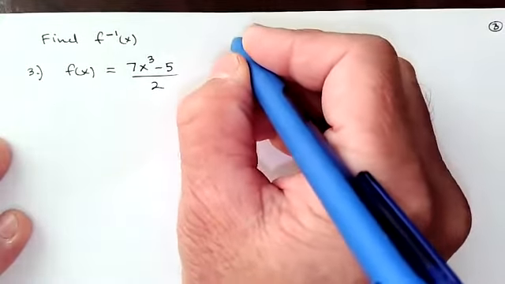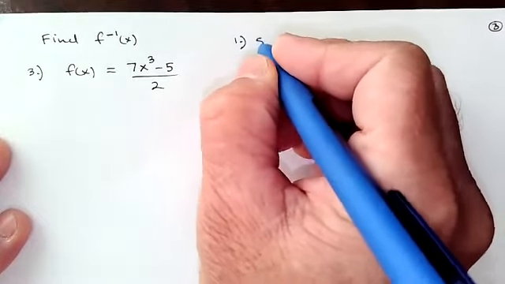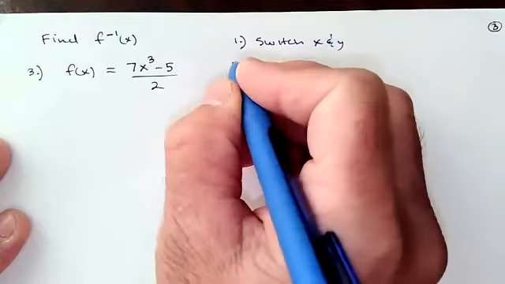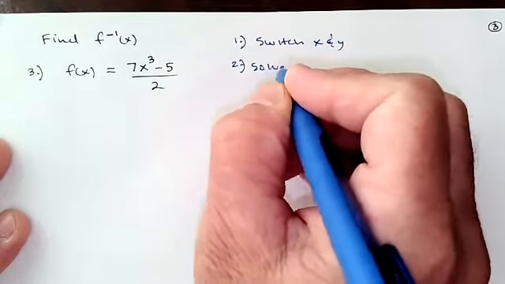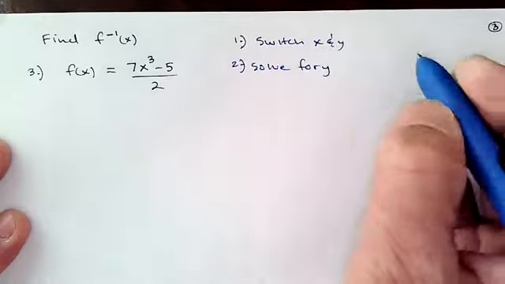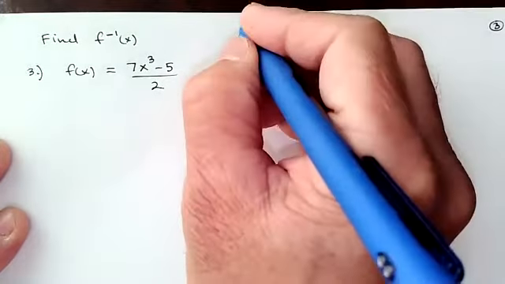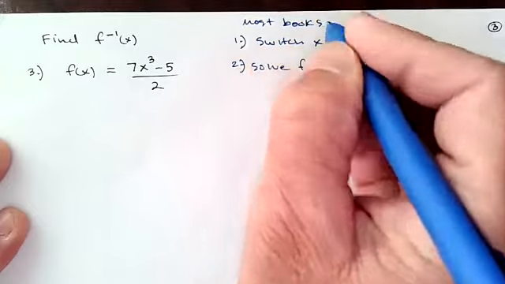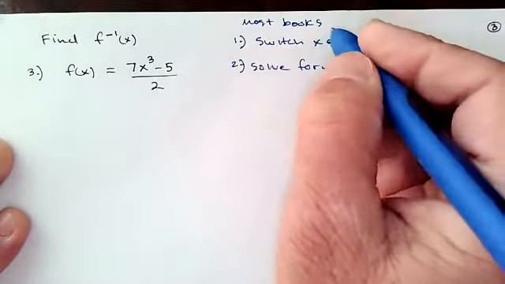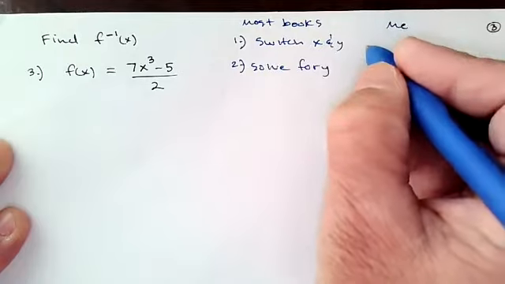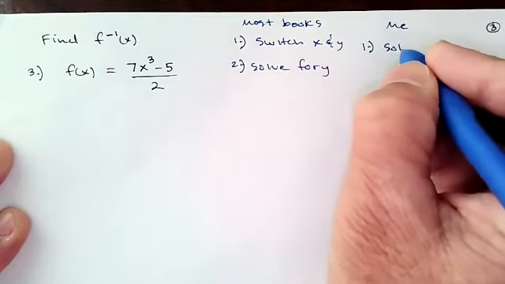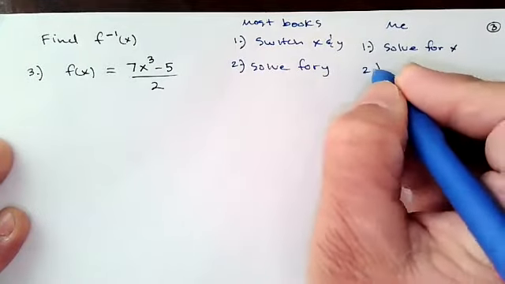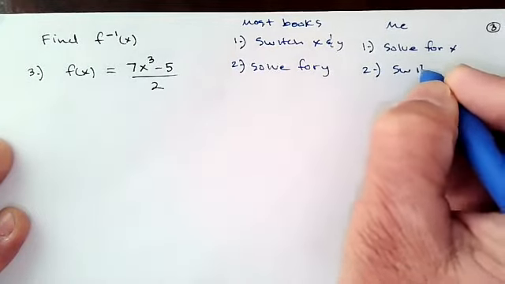Most teachers teach this: first you switch x and y, and then you solve for y. I actually do it backwards. Most books and perhaps teachers teach that to find the inverse, but for me, I actually reverse it. What I first do is solve for x, and then I switch x and y.